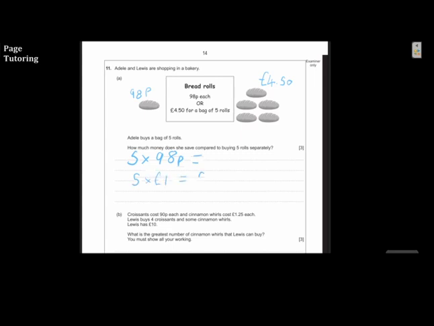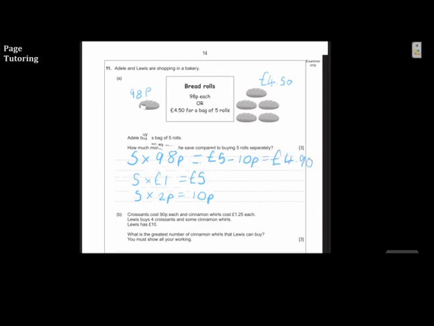That just gives us £5. But for each of these pounds, we're actually 2p less. So we're going to be 5 times 2p less. So that's just 10p.